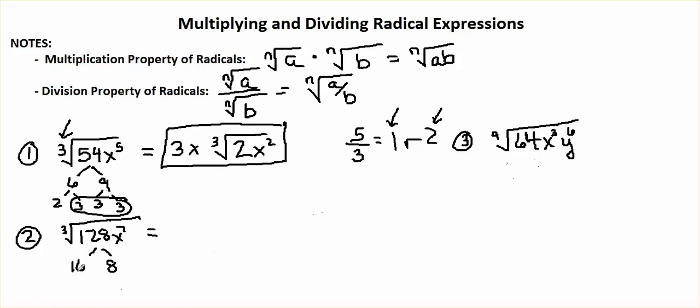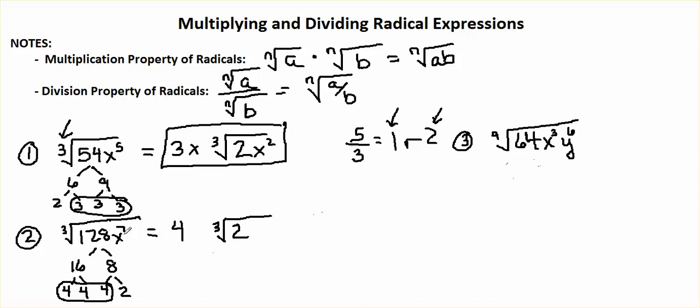And I know that 16 is 4 times 4, and that 8 is 4 times 2. I'm looking for groups of 3 since it's a cube root. So I have a group of 3 4's right here. I know I can pull one of those 4's out, but I have this remaining number that has to stay under my cube root because I can't simplify it any further. So I write the 2 under my cube root.